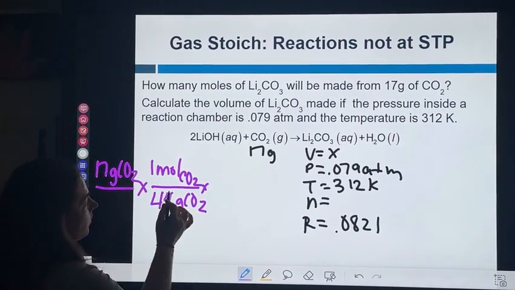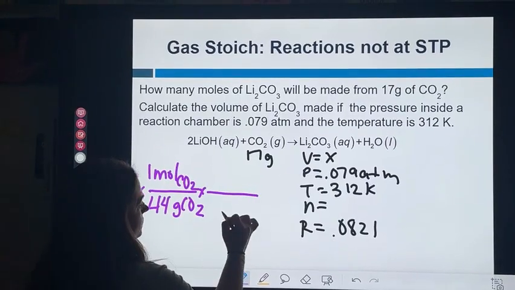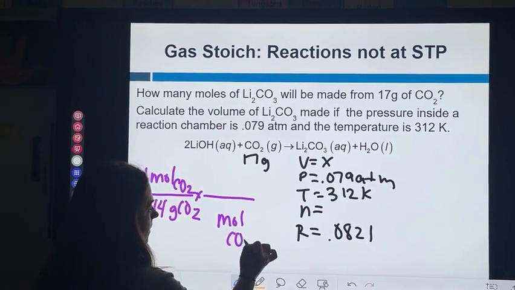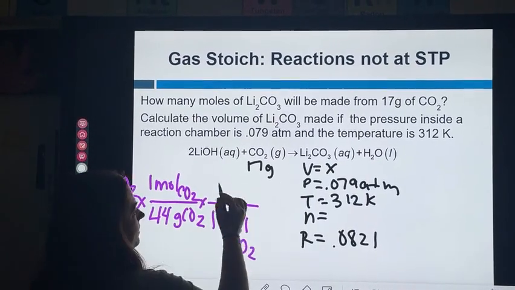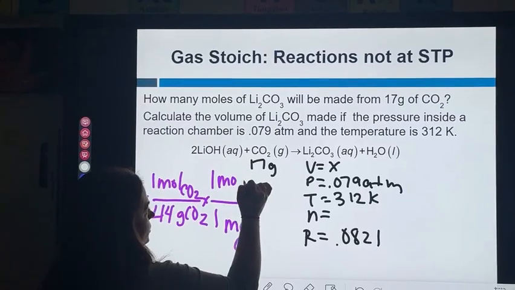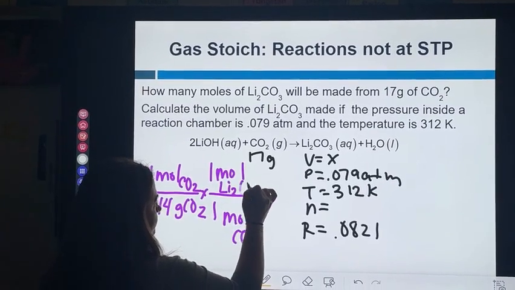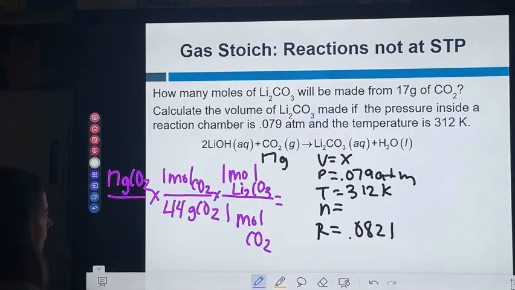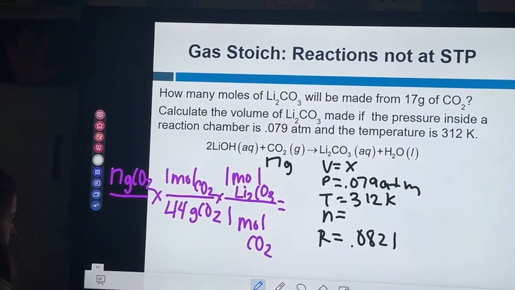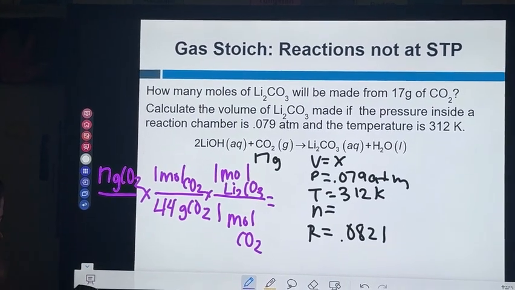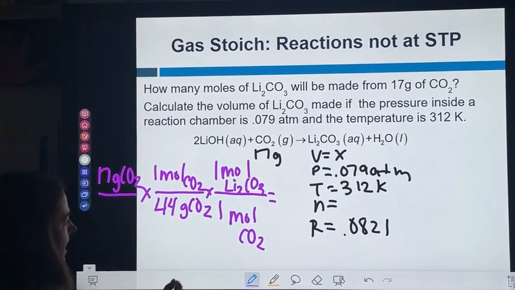If you have moles of CO2 at the top, you need moles of CO2 at the bottom. The coefficient for CO2 is 1, and we're going to lithium carbonate, so it's also a 1-to-1 ratio this time. Okay? Then you can multiply the top, so 17 times 1 times 1 is 17, divided by the bottom, so 17 divided by 44 is 0.38 moles.